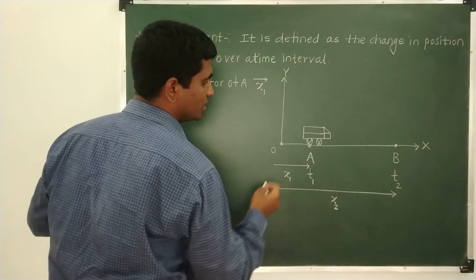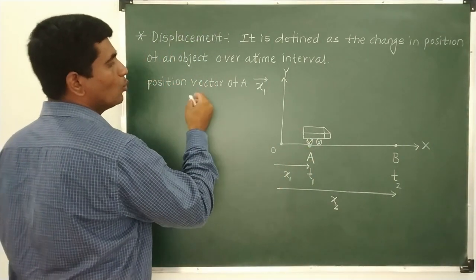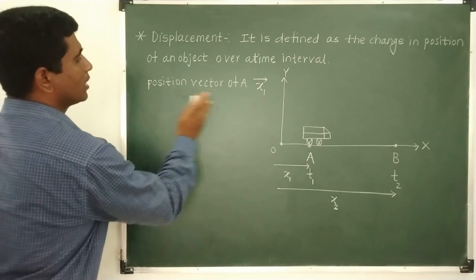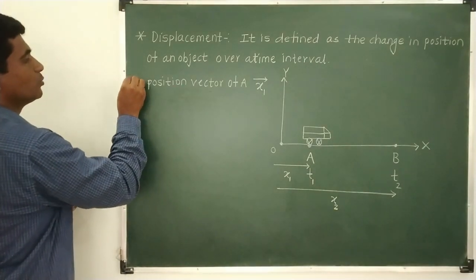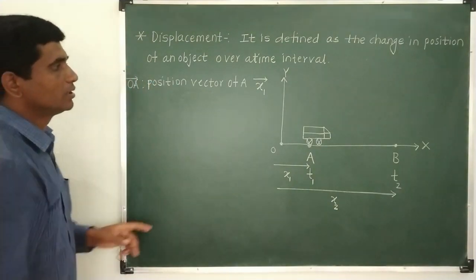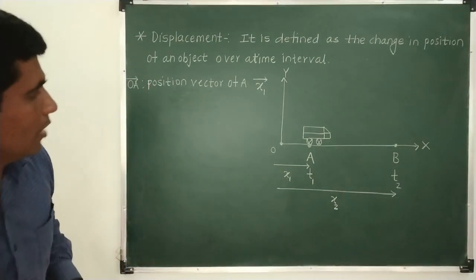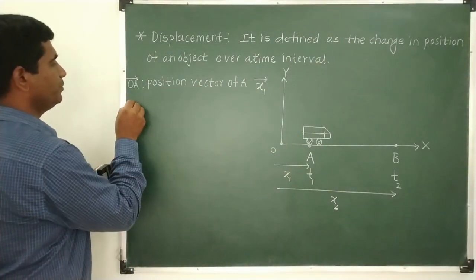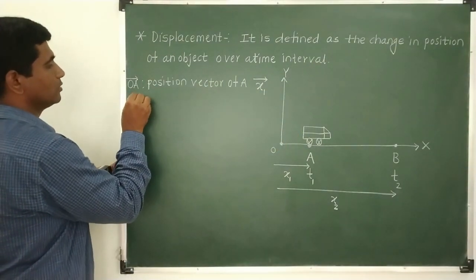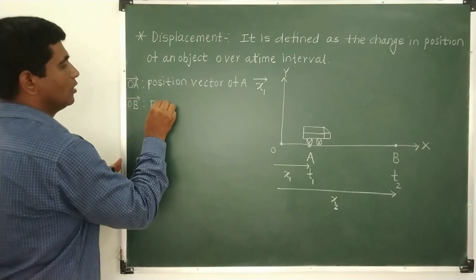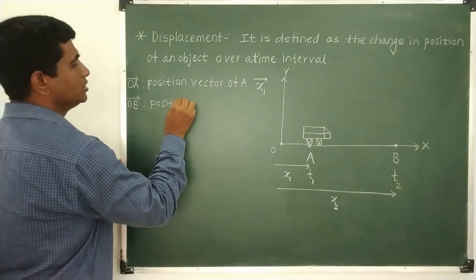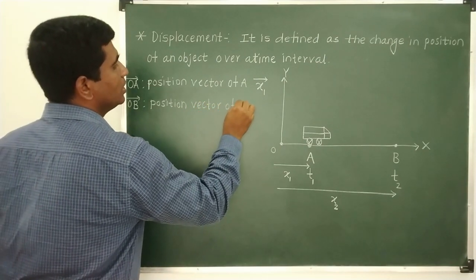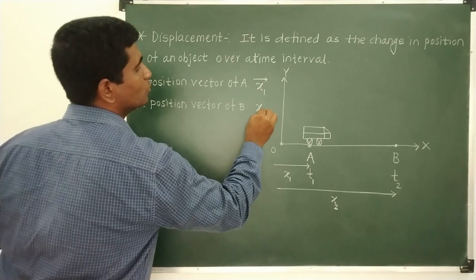With respect to origin, its position vector is OA bar, and this is the position vector of point A. Now, similarly, if I ask you the position vector of point B, which is OB bar, it will be x2 bar.